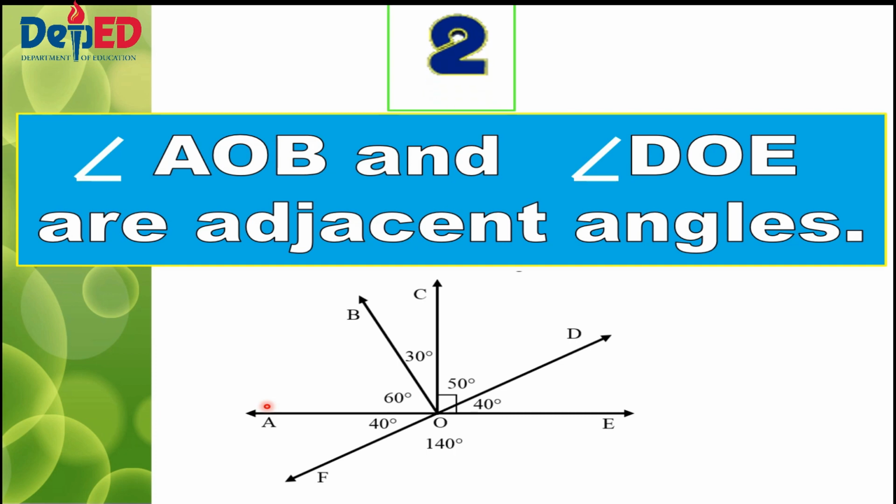Let us have the next statement. Angle AOB and angle DOE are adjacent angles. Is it true or false? And that's right, the answer is true.